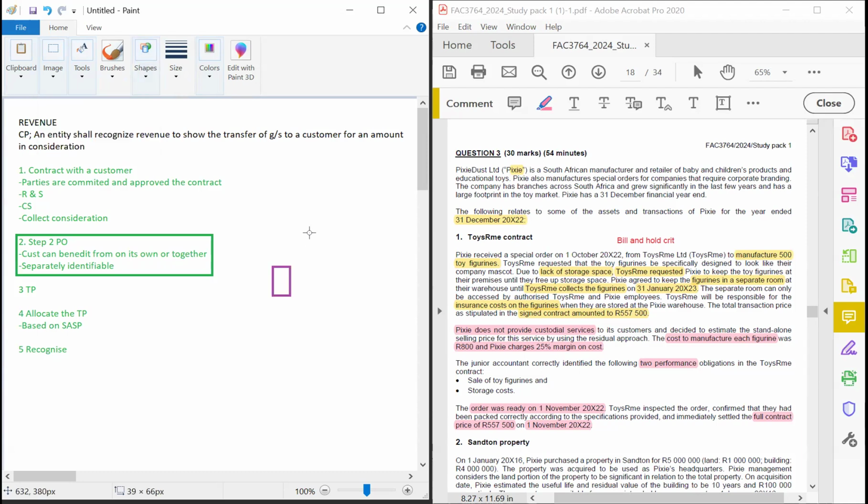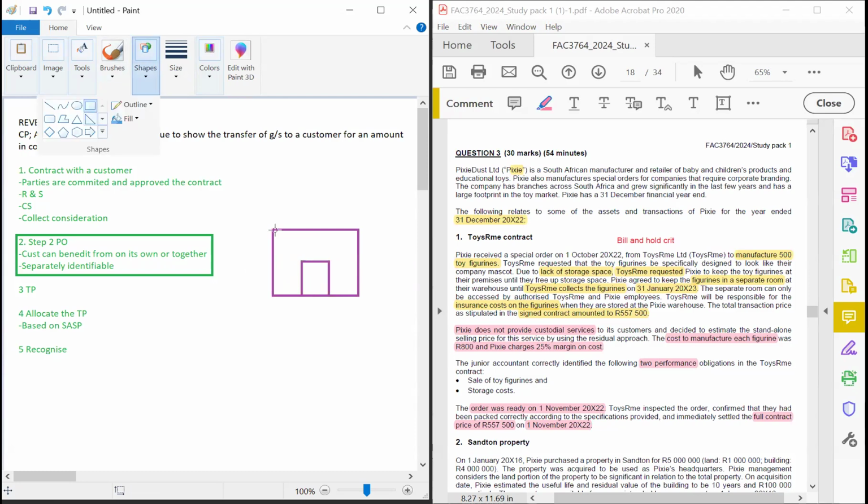So let's say you are building a house. As you are building a house, you are building it for a customer, right? So now, you have placed the door onto the house. You have done the roofing on the house.